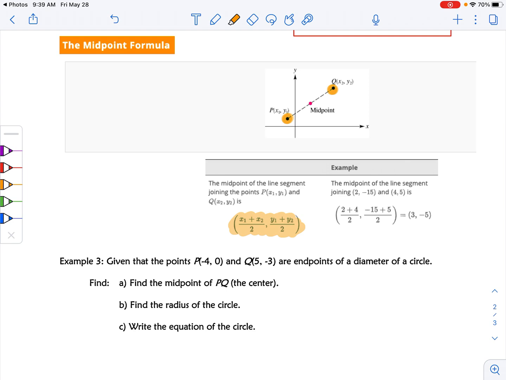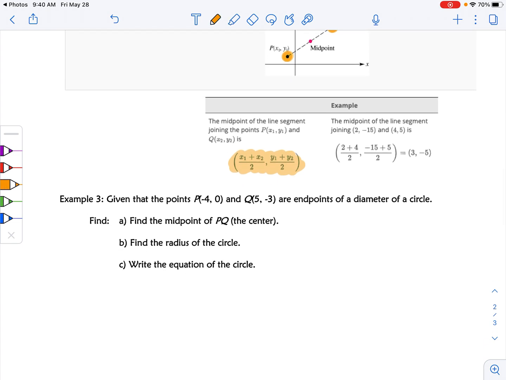Given the points P is -4, 0, Q is 5, -3, and they're endpoints of a circle. So again, some geometry. You're probably like, yes, I loved this. So here is the diameter endpoint. Here's another diameter endpoint. And because it's the diameter, it's telling me it's going through the center. That's extremely important. We want to find the midpoint.